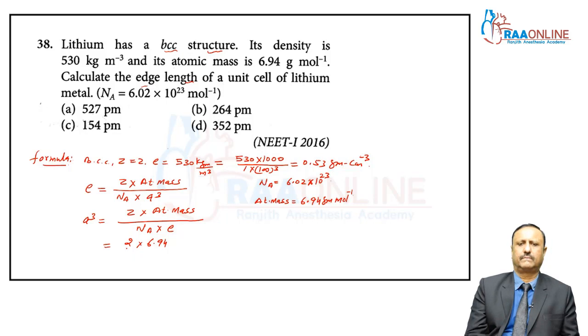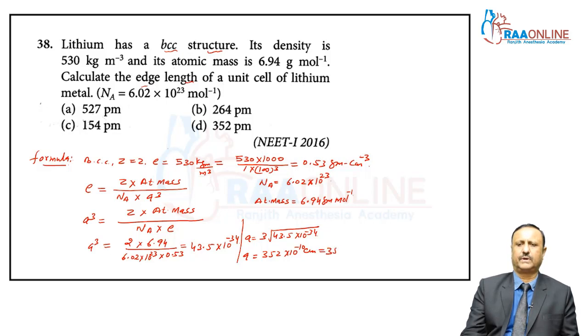Divided by Na, that is 6.02 into 10 to the power 23, multiplied by the density, that is 0.53, you get a cube, which is 43.5 into 10 to the power minus 24. Now, to get a, take the cube root of this value, and you get a is equal to 352 into 10 to the power minus 10 centimeter, or 352 picometer.